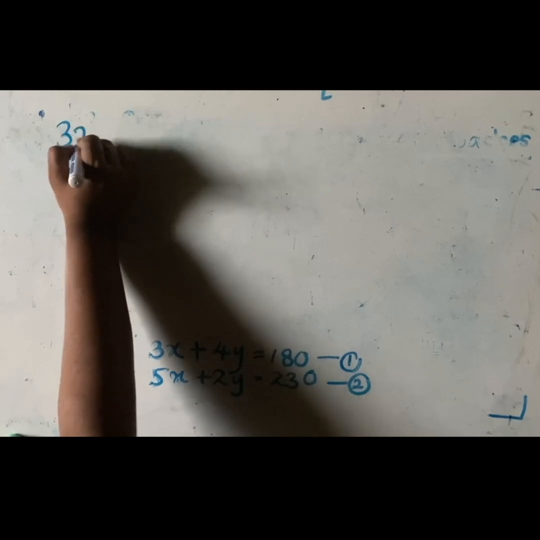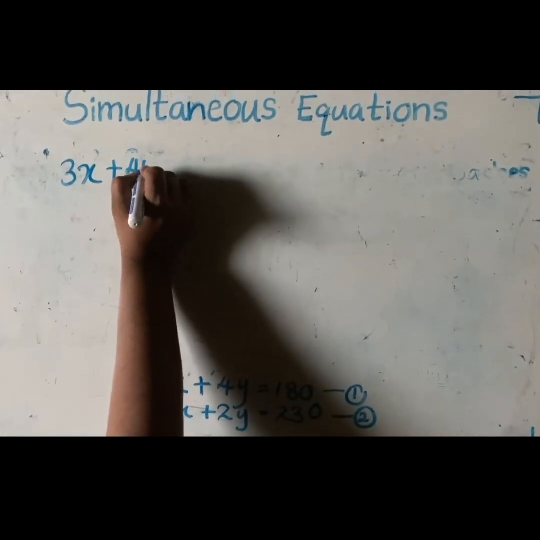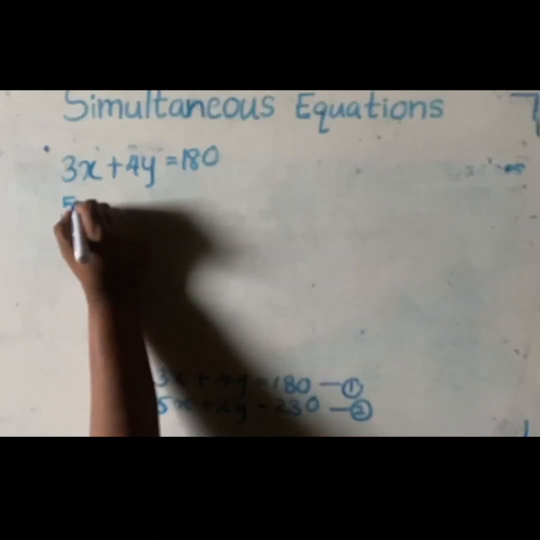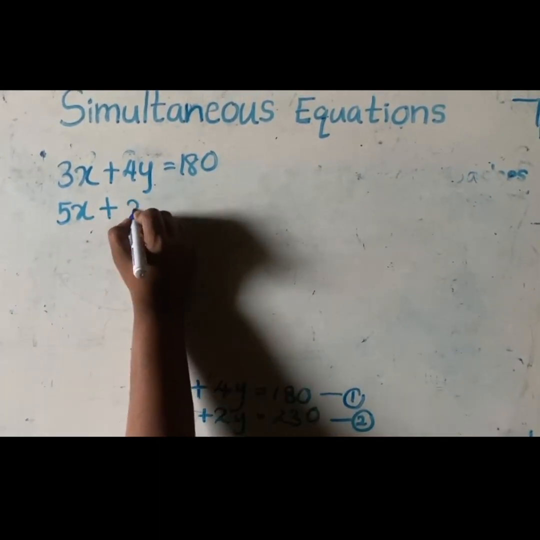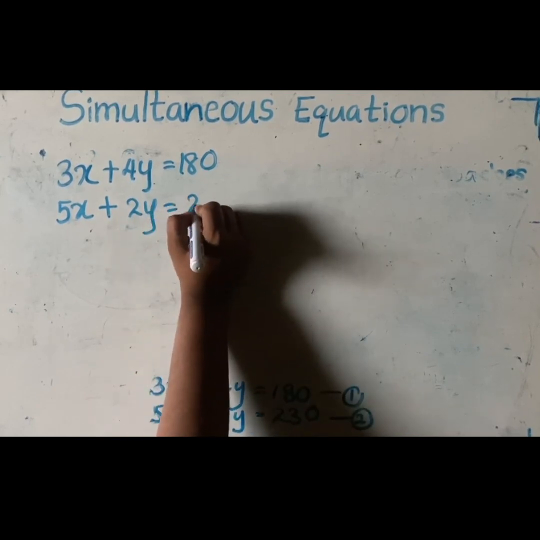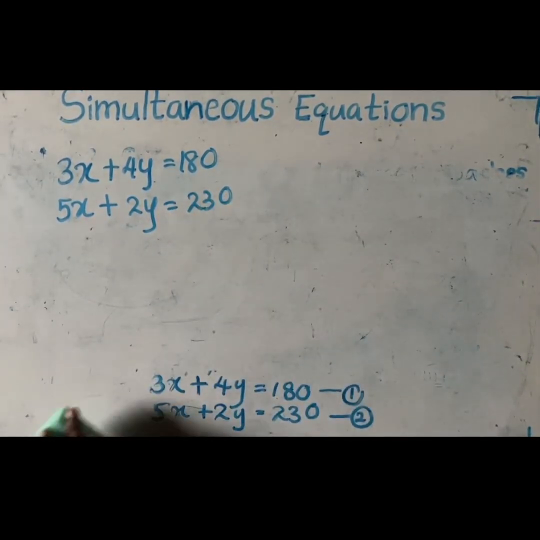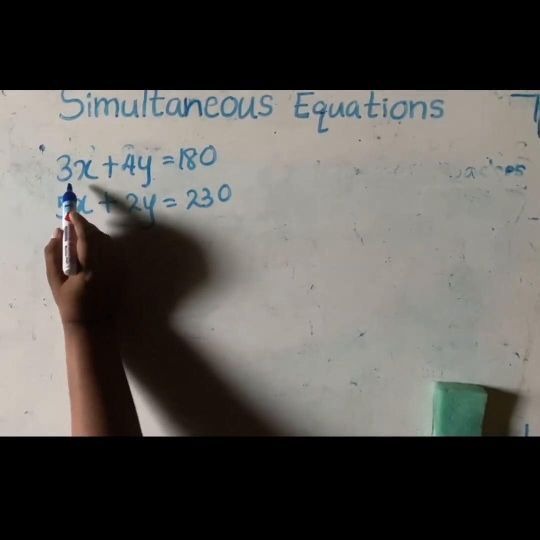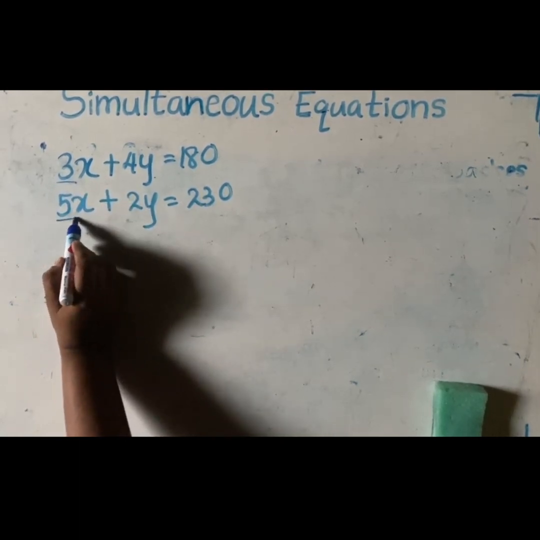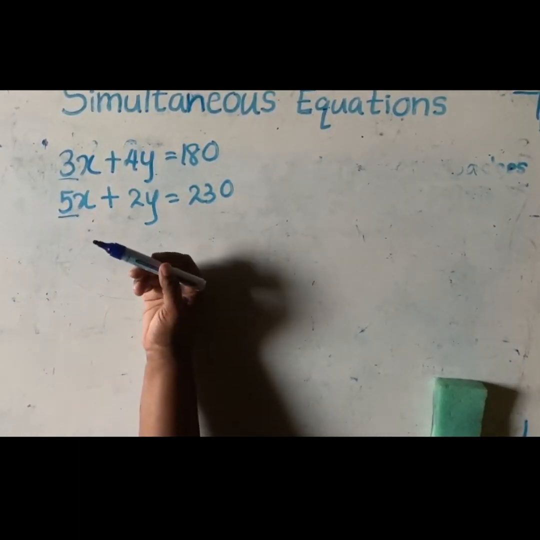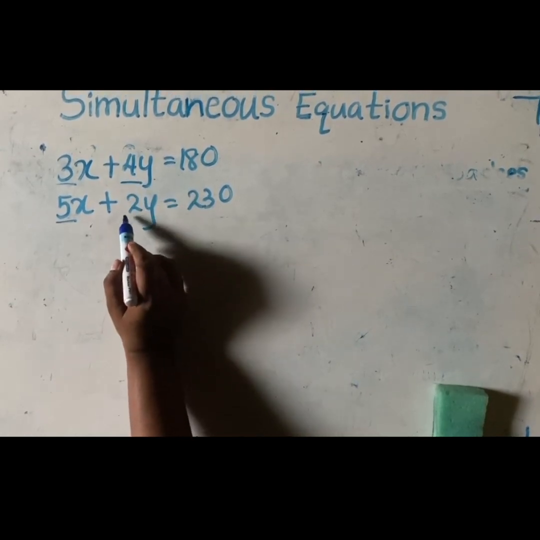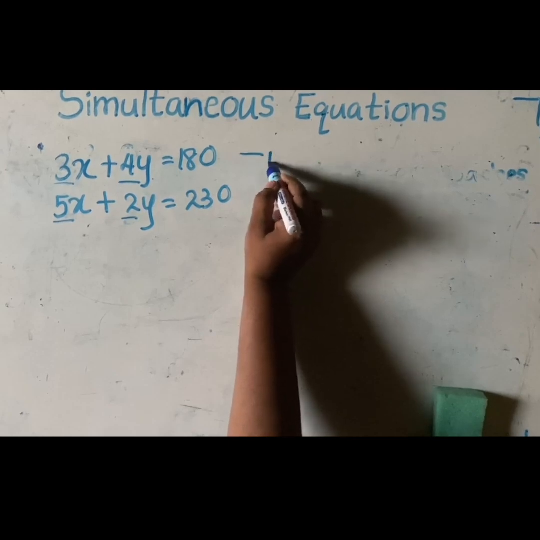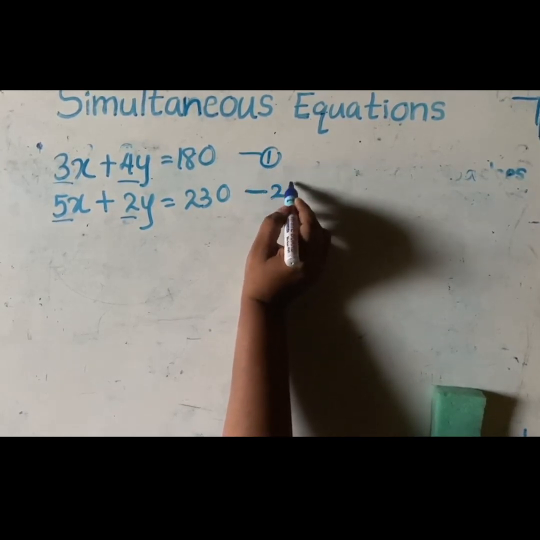Now our equations are 3x plus 4y equal 180 and 5x plus 2y equal 230. See, are there any same coefficients for x? No, here 3 is there, here 5 is there, so the coefficients are not the same. Here 4 is there, here 2 is there, so the coefficients are not equal. So we use the method of elimination.